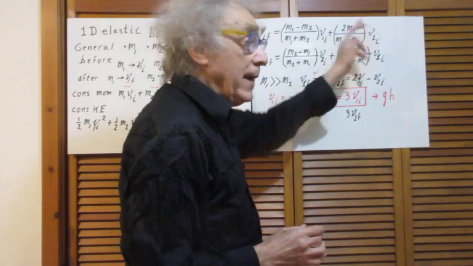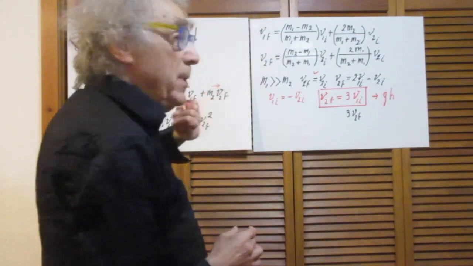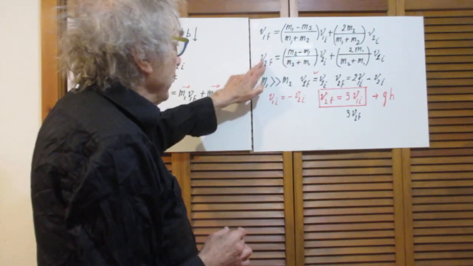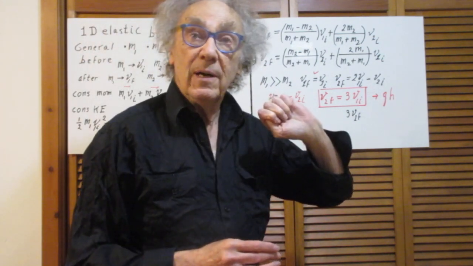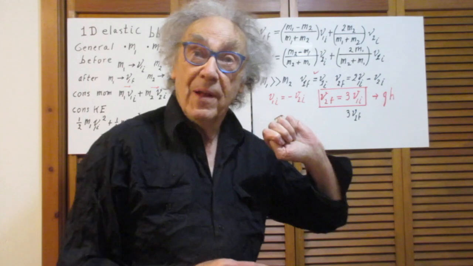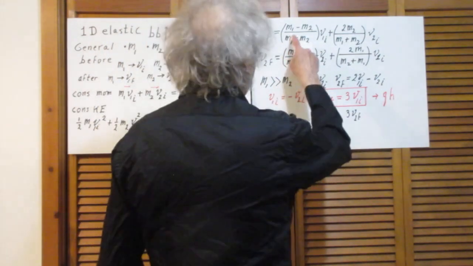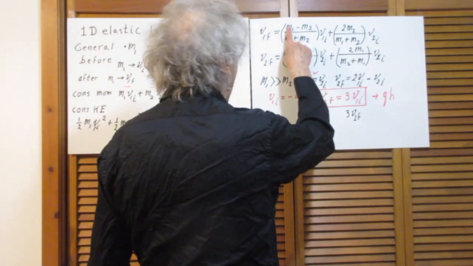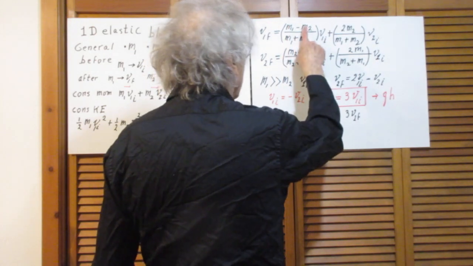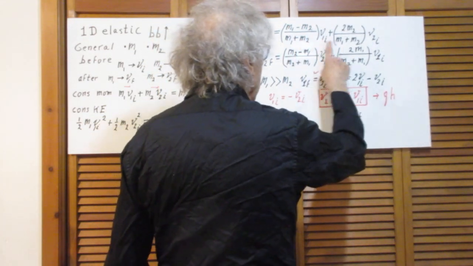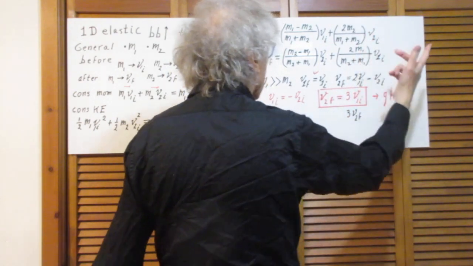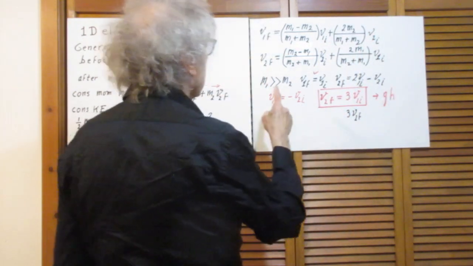If this is correct, it's easy for me to write down now what the velocity of number 2 is after the collision. Because all I have to do is replace this M1 by M2, this M2 by M1, this V1 by V2, and this V2 by V1. And I did that.